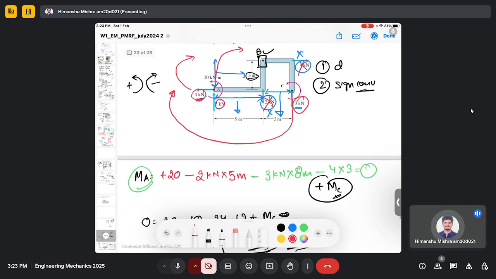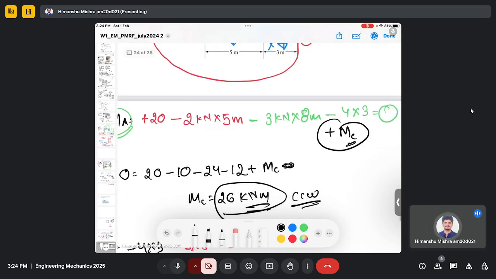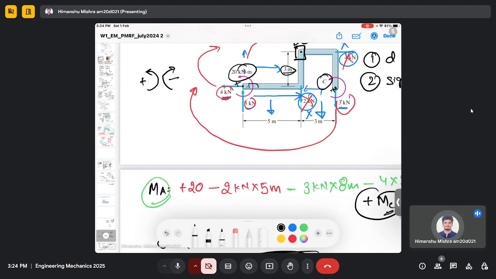And then we need to consider the movements which I have shown in this figure at point A and point B, which is here 20 kilonewton meter, and we found at C which was 26 kilonewton meter. It's positive 20, and this is also positive 26 because it's in the counterclockwise direction.